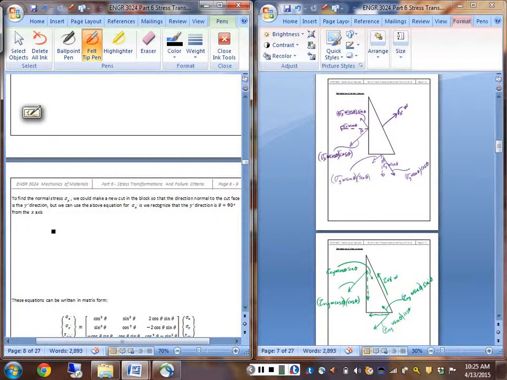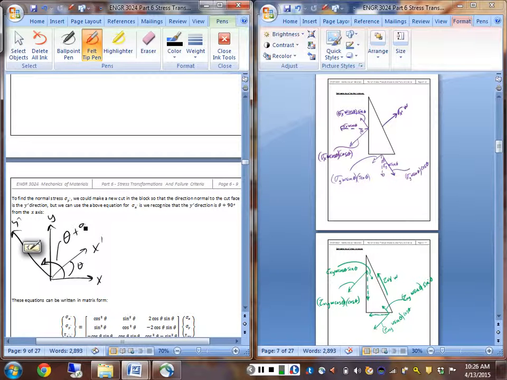If we start with an xy and we rotate to an x prime, y prime, and we know we've gone theta here, well, we know that this guy has to be theta plus 90. That's just because it's still an orthogonal axis.